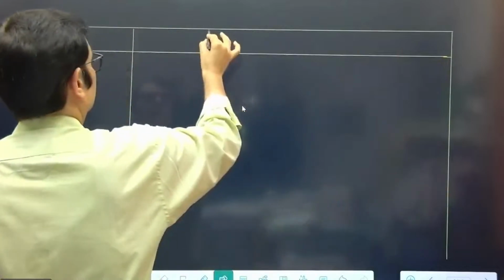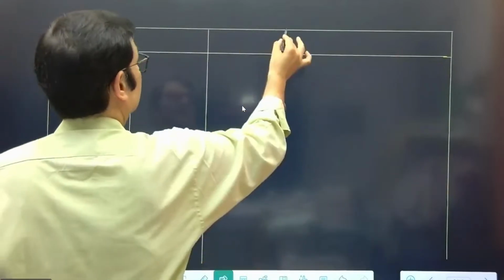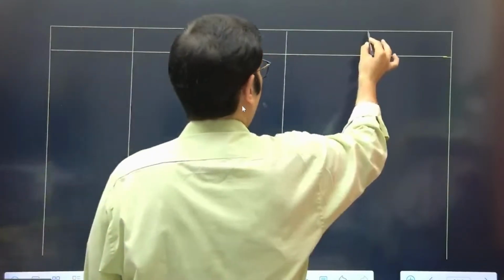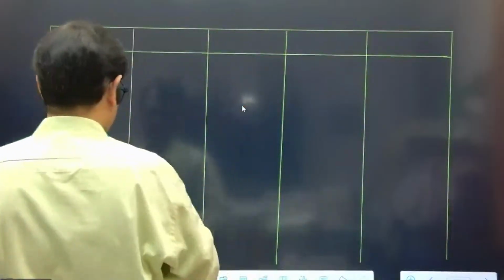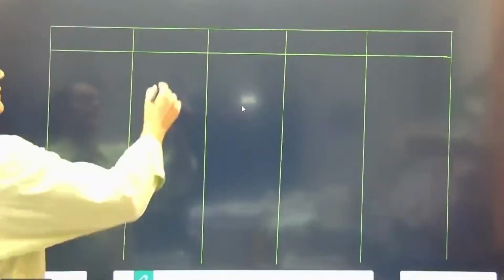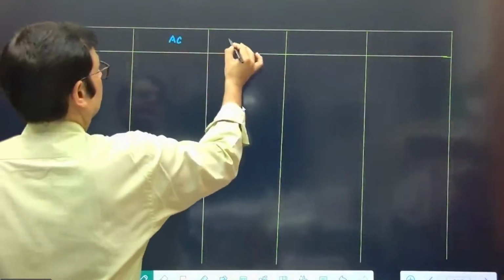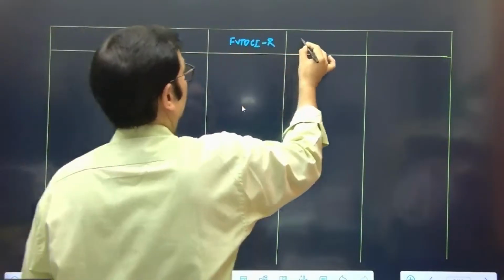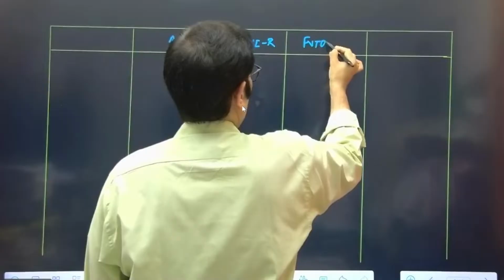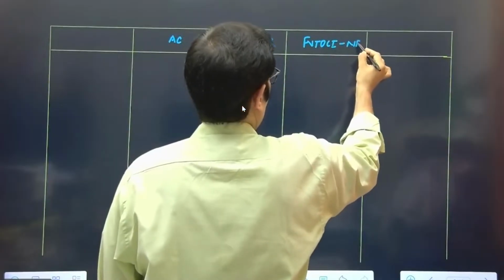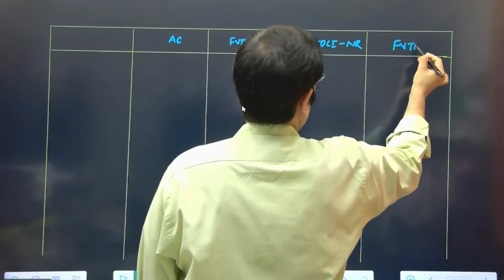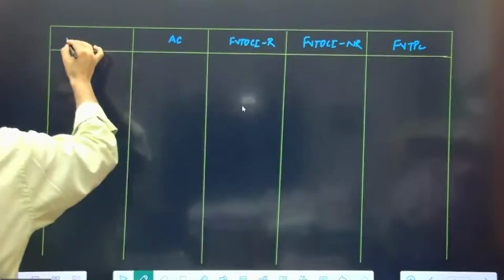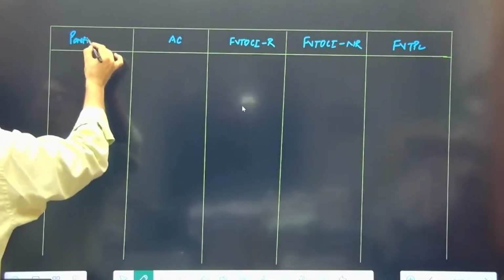So AC, FVTOCIR, and OCINR. So this is AC, FVTOCIR, FVTOCINR, and FVTPL. And we take the column for particulars.